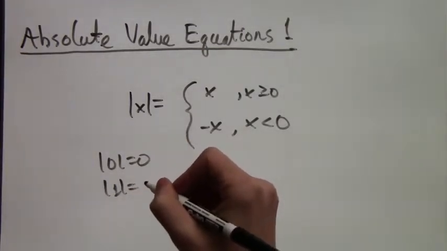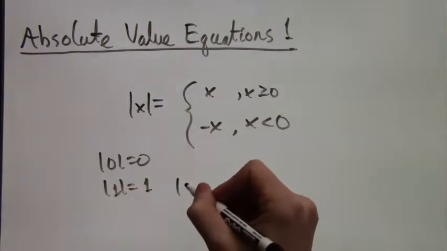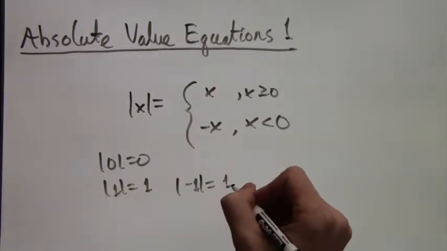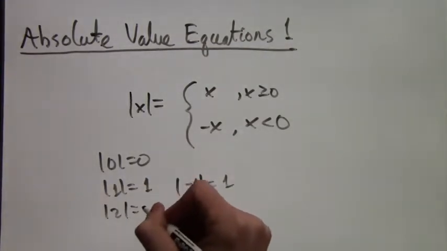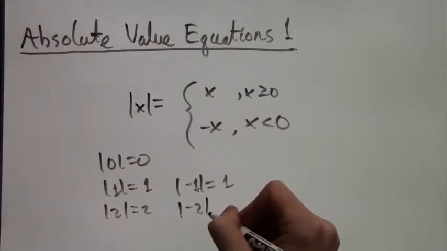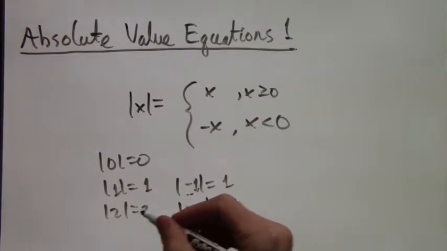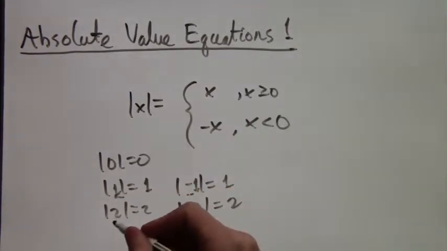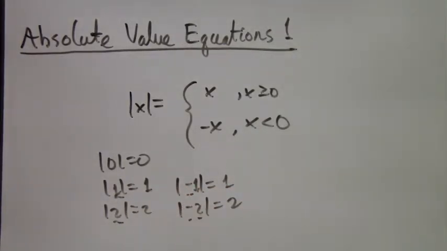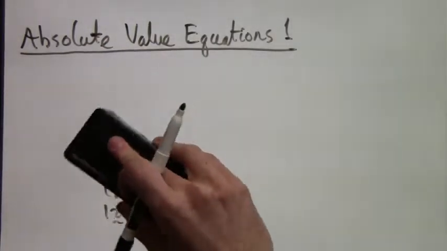So absolute value of 0 is 0, absolute value of 1 is 1, absolute value of negative 1 is also 1. If there's a negative sign, we got rid of it. And same with absolute value of 2 and negative 2. They're both just 2. So now, let's solve some examples of equations.